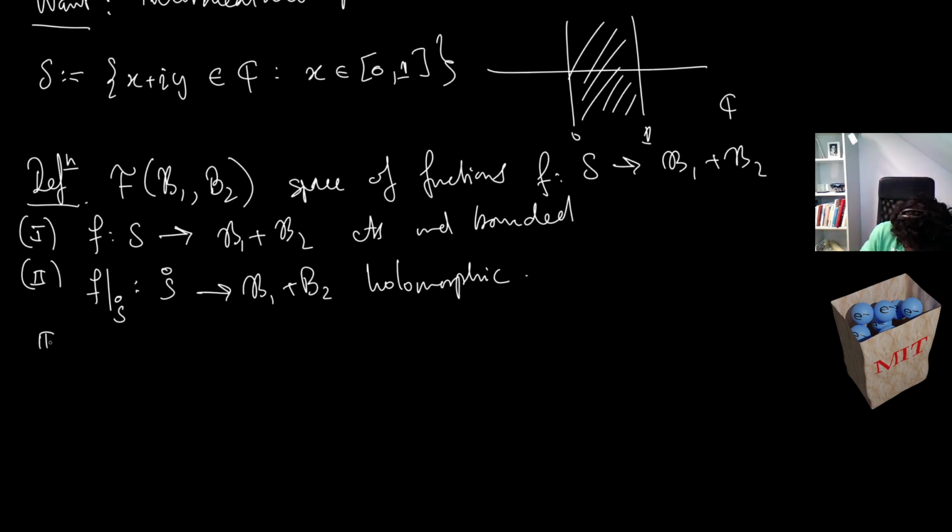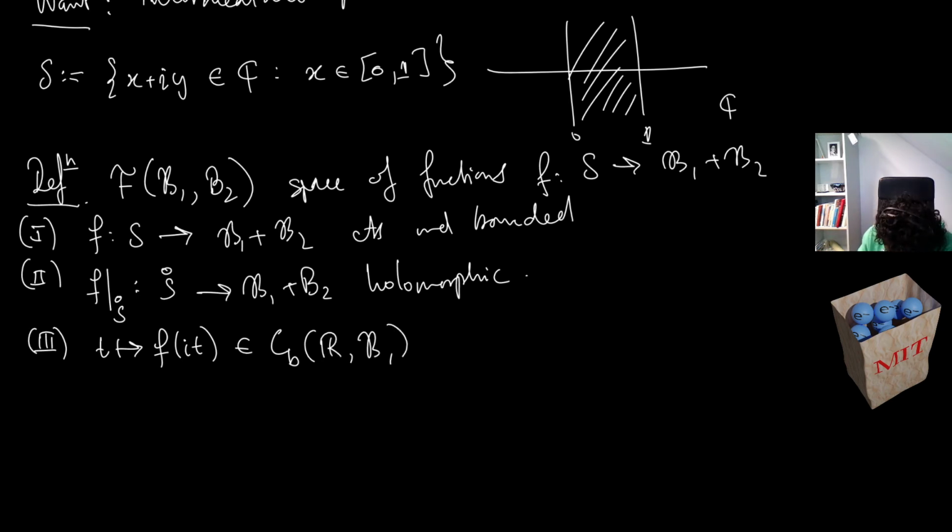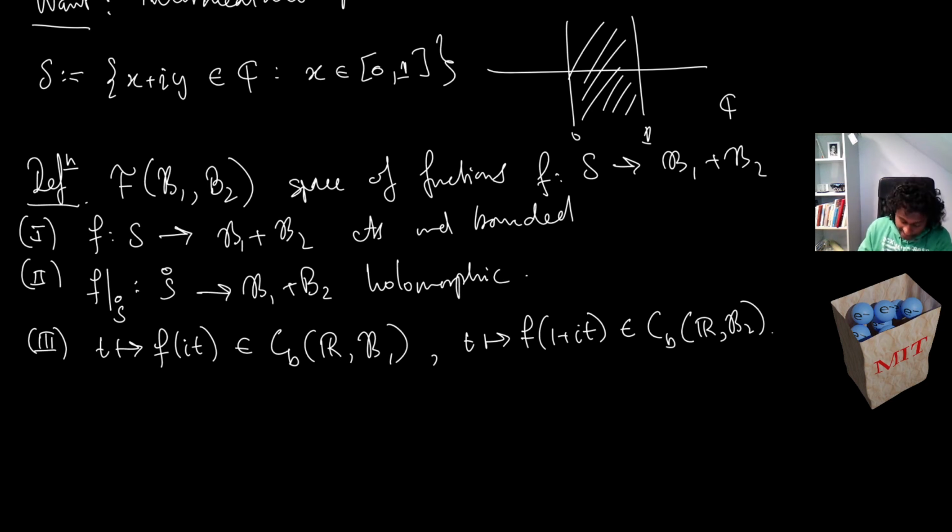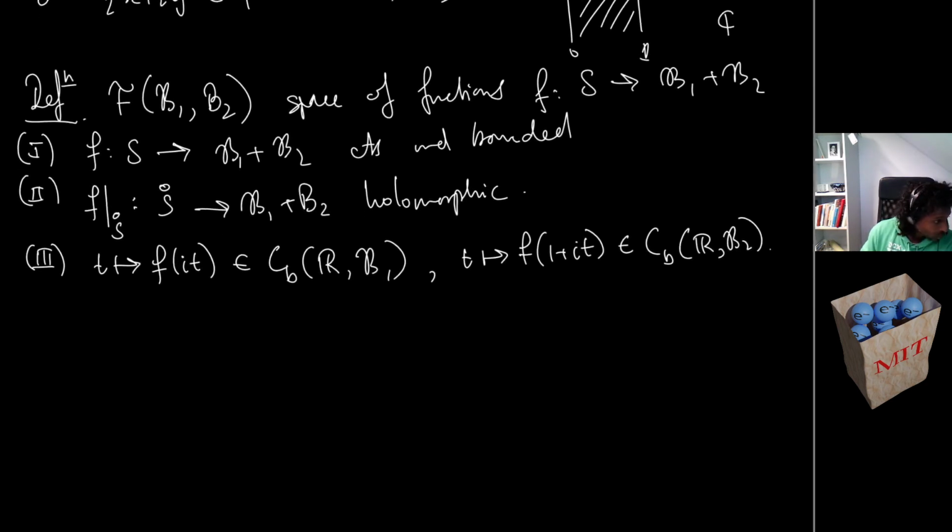The third condition is that t mapping to f of it is continuous and bounded from the real numbers to B1, and t mapping to f of 1 plus it is continuous and bounded from the reals into B2. And now I give this space a norm.